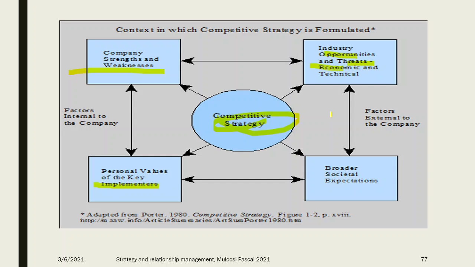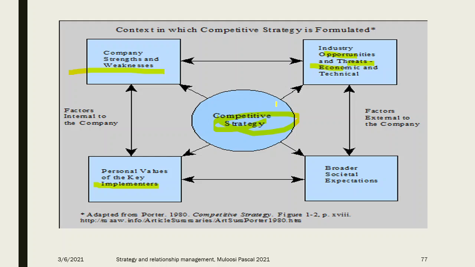If, for example, disposable income is low, the chances of you opting for a differentiation strategy will be very low. Because once disposable income is low, people want to have goods at a low cost because they don't have money to spend. So there you have no choice, you have to become a cost leader.